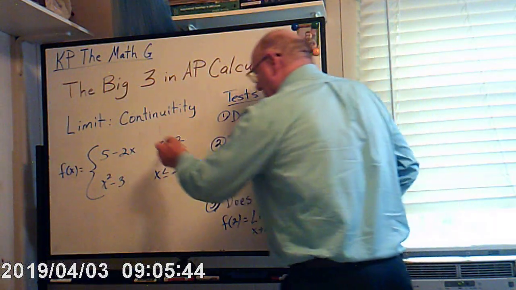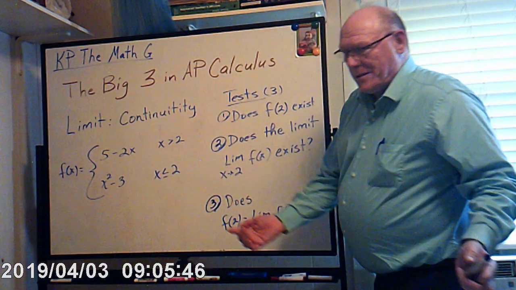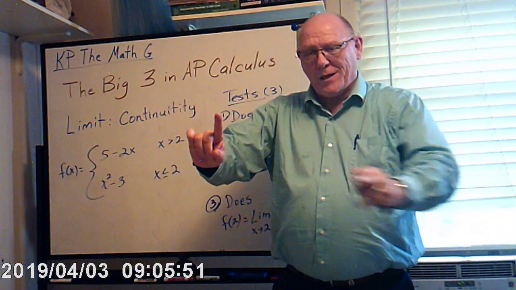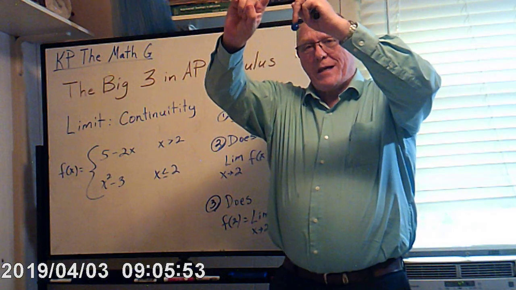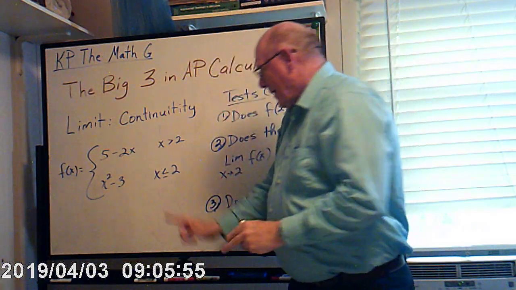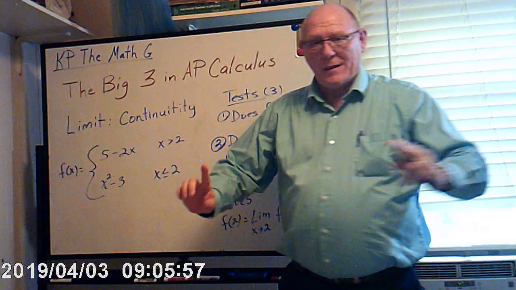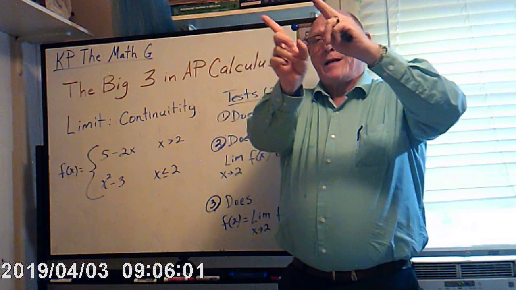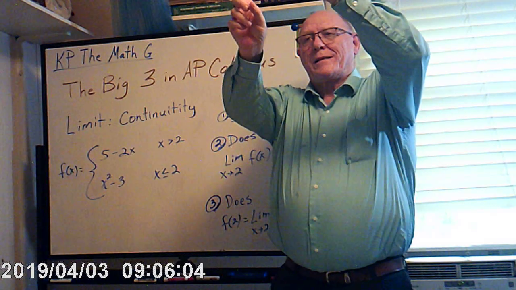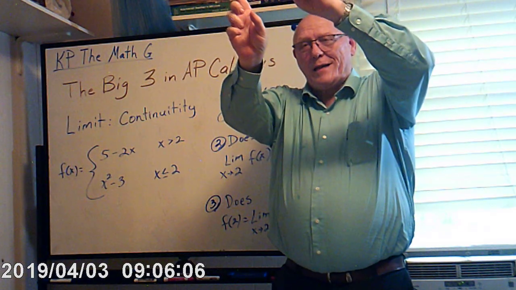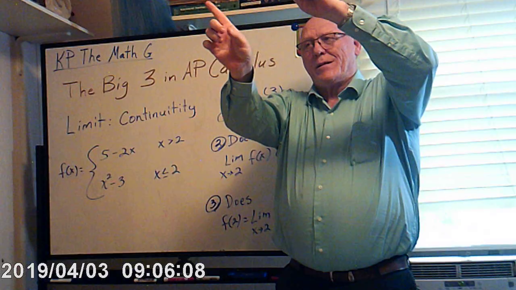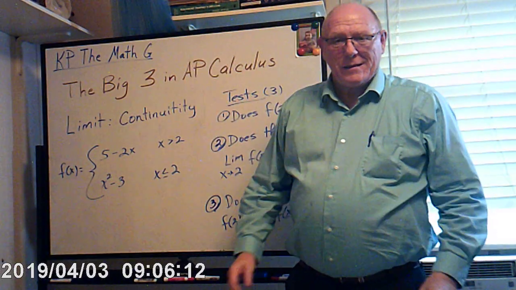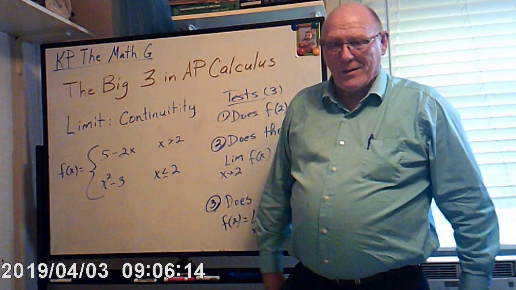This is called a piecewise function. Do these 2 pieces meet? When this curve comes up like this, does the line meet at this point right here at x equals 2? If it doesn't meet, say the line goes here and the curve goes up here, they don't touch, then the answer is does not exist.